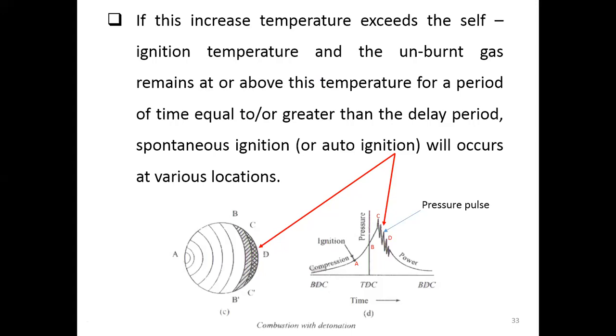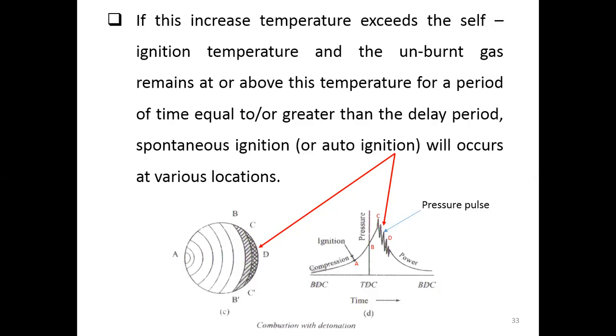Remember, at the beginning when you start the engine, this might not occur. But when the engine keeps going on and on, you have heat inside the cylinders, so the chance for auto ignition can happen because of this.